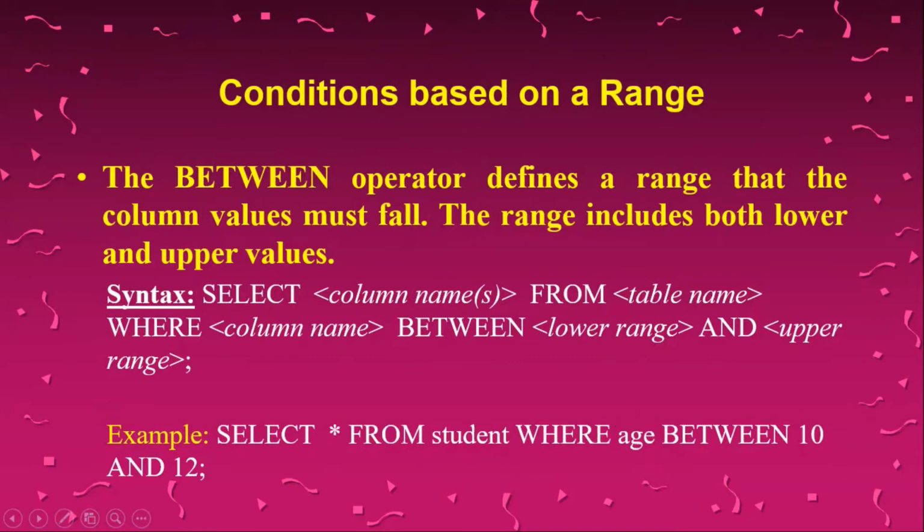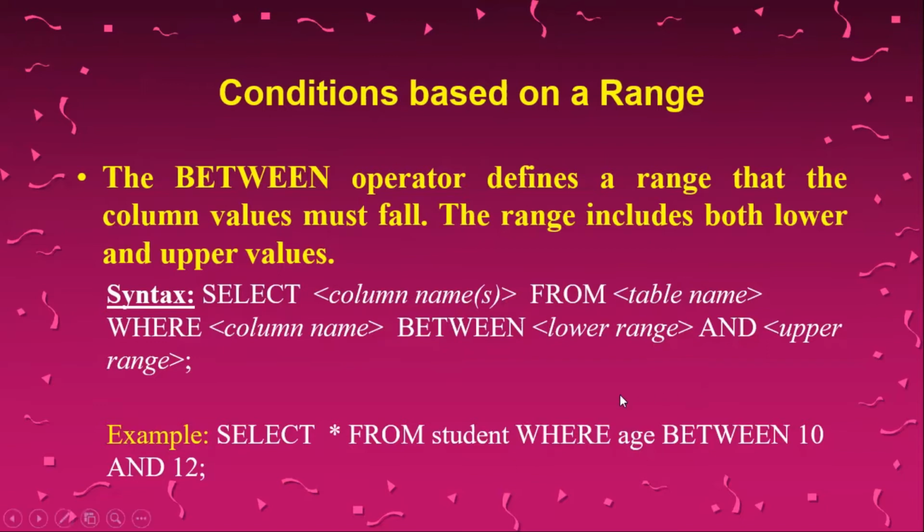But in your paper, it can be applied like an MCQ question. The table will be given, and they will ask you to display the details of students between 10 and 12, and they will give certain options as the MCQ.